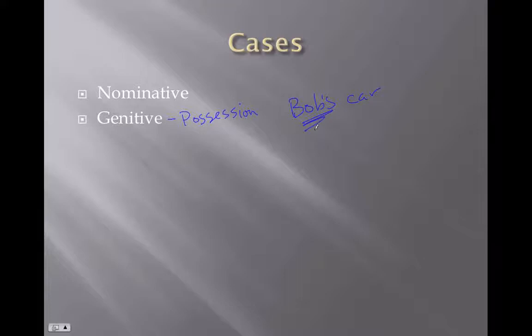Now Bob's here is the genitive because he's the one possessing, right? So the genitive shows us who the possessor is. In English, it's very much like our apostrophe S, or in the plural S apostrophe. We could also translate it, the car of Bob. Right? So this of Bob is the genitive. The 2 ways to translate the genitive are really the apostrophe S or of X, whatever X is.